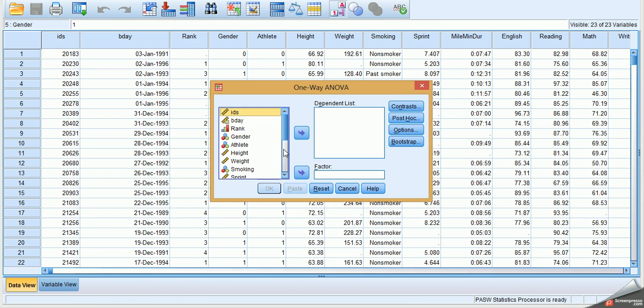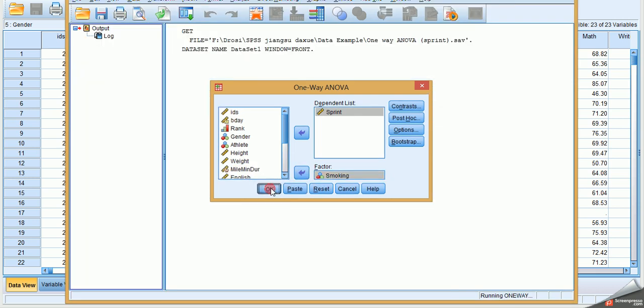For this we will use the sprint as the dependent variable, and the smoking as the independent variable, the factor, which is going to include the non-smokers, current smokers, and past smokers.